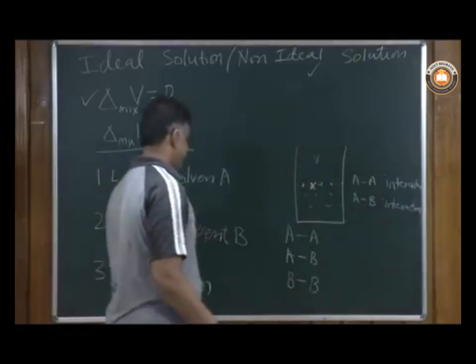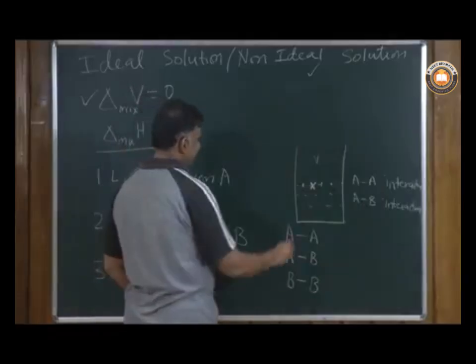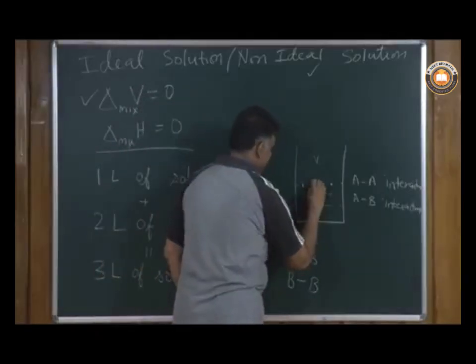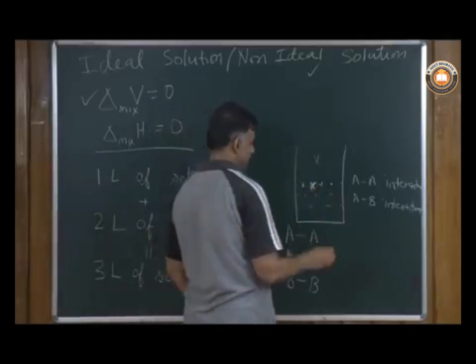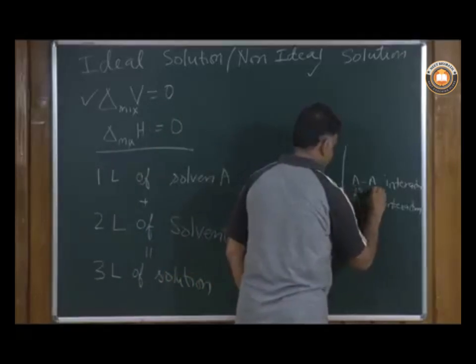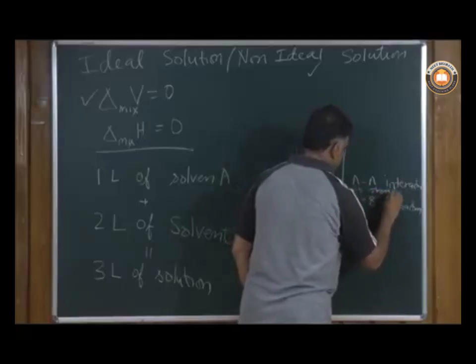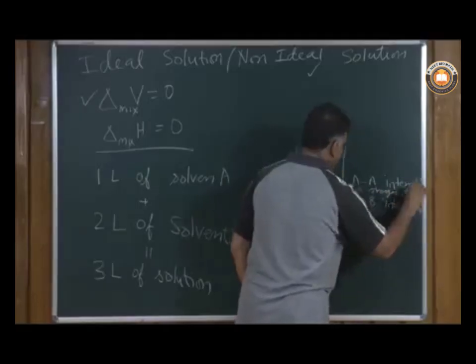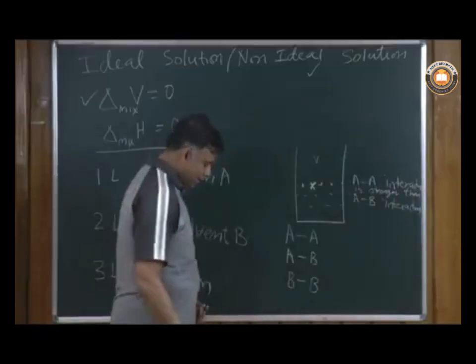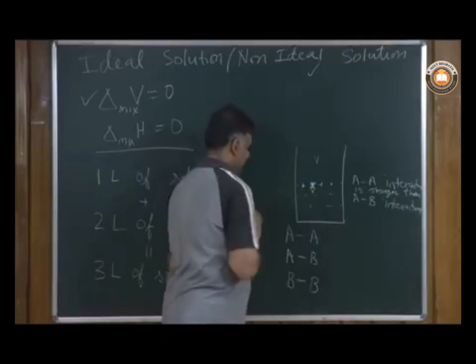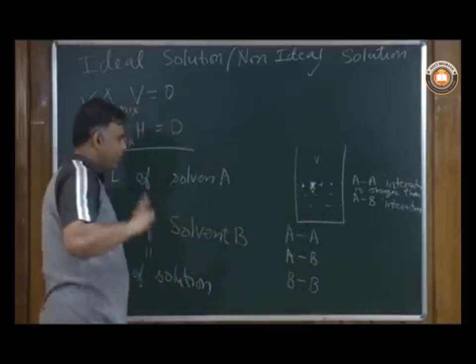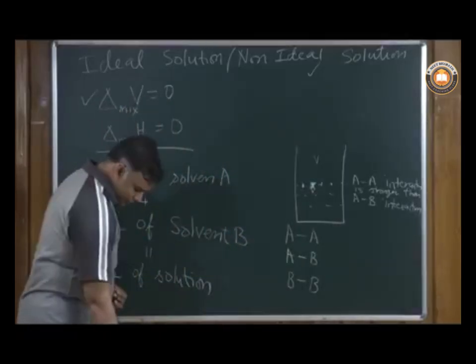What would happen? So, initially there was A and A, and that interaction is stronger than the A B interaction. So, we have replaced a stronger interaction with a weaker interaction.